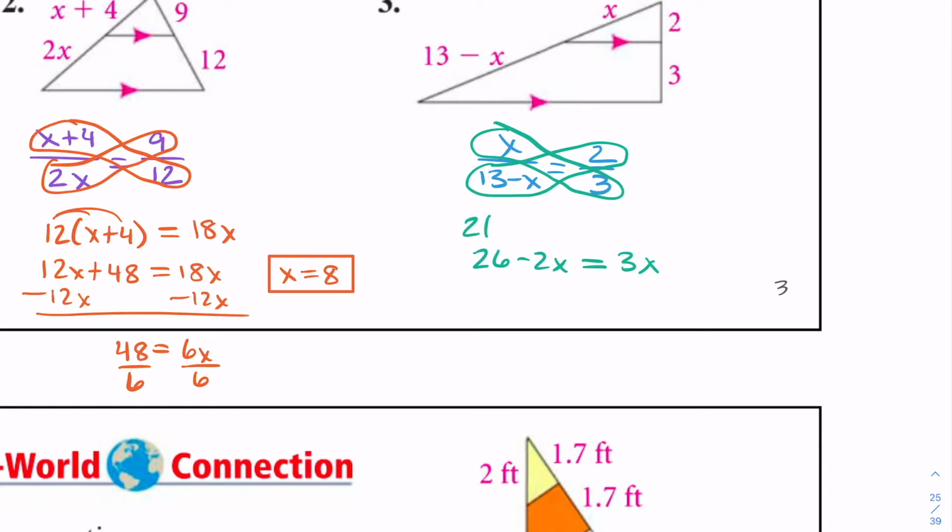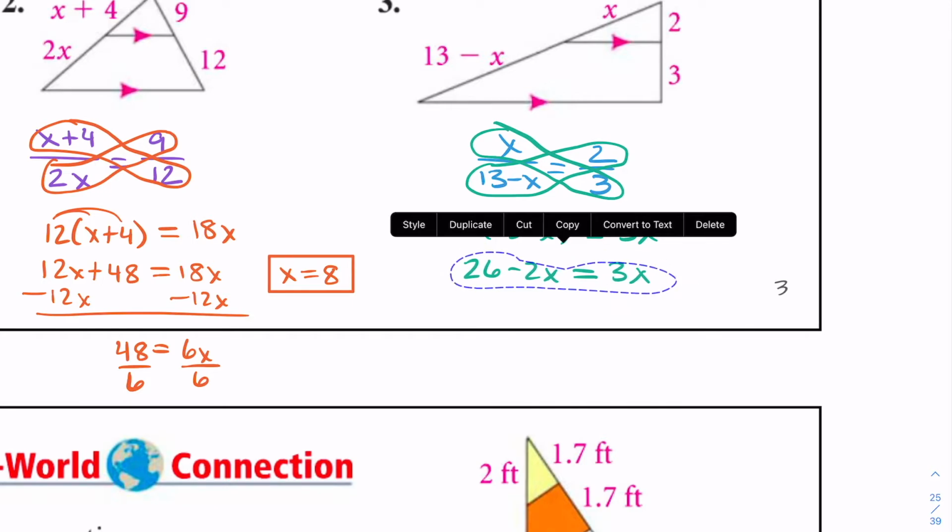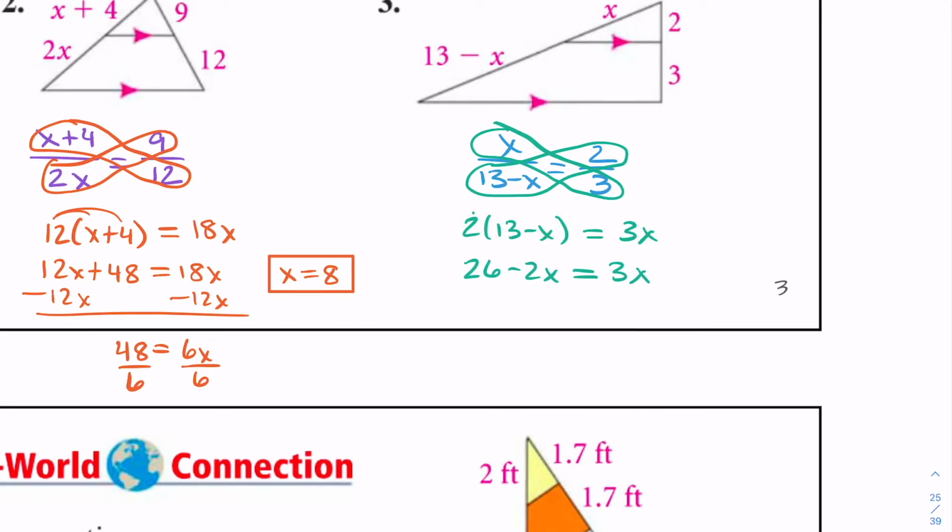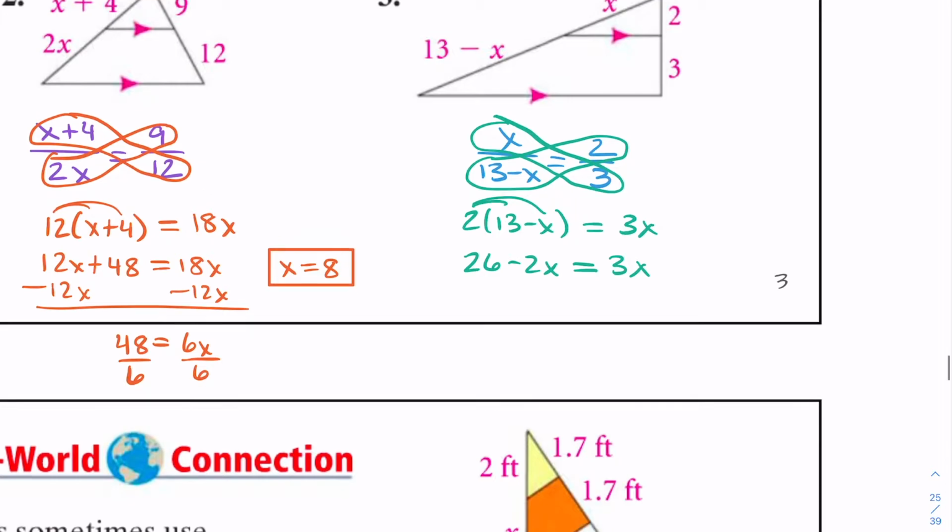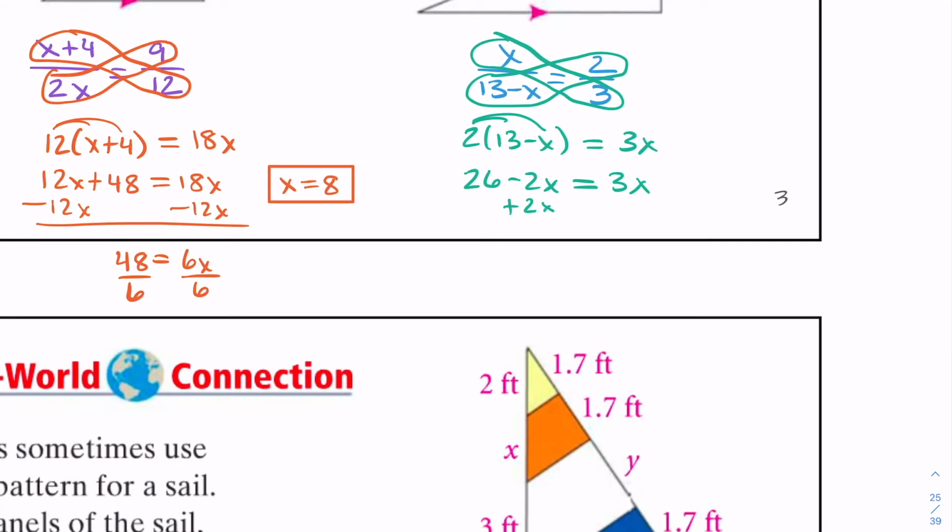So 2 times 13 minus x equals 3x. And then we do the distributive property. And now add 2x and add 2x. 26 equals 5x, divided by 5.